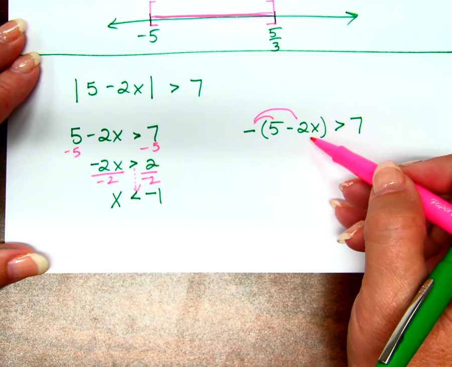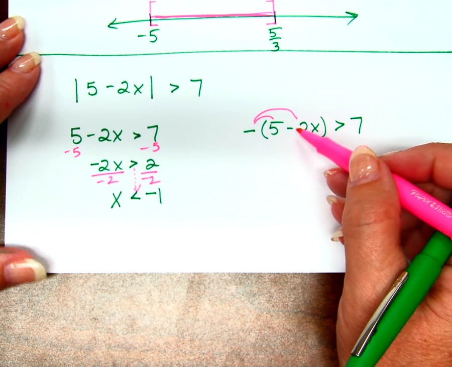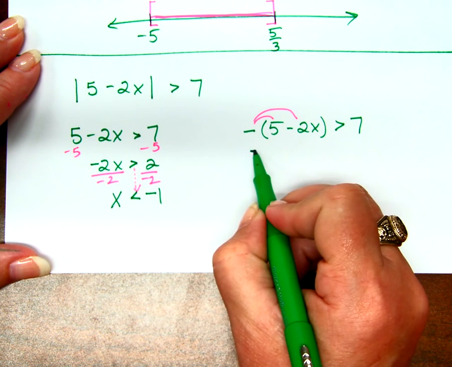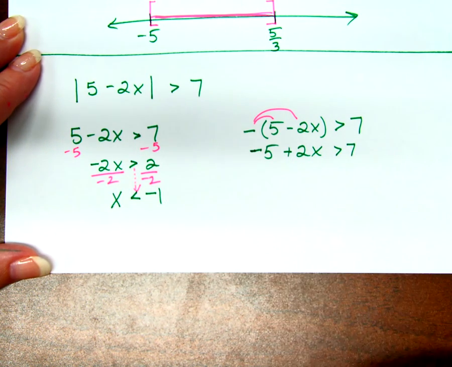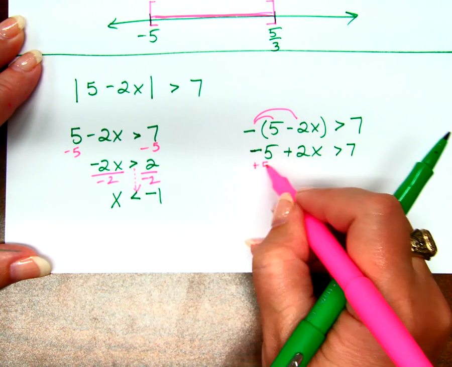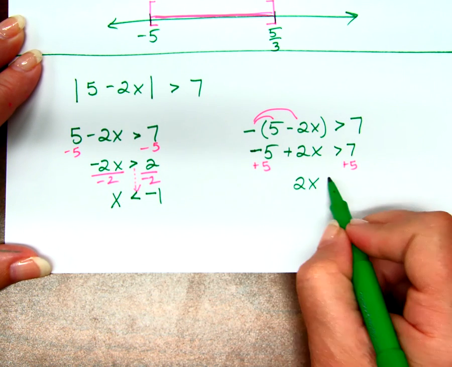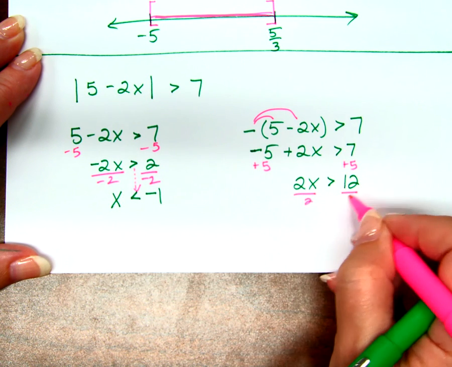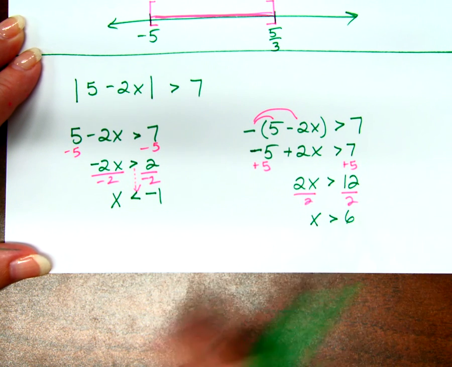This particular one I would definitely distribute first because that gets rid of the negative coefficient on my x value. So negative 5 plus 2x is greater than 7. When I add 5 to both sides here, I get 2x is greater than 12. So when I divide both sides by 2, I get x is greater than 6.